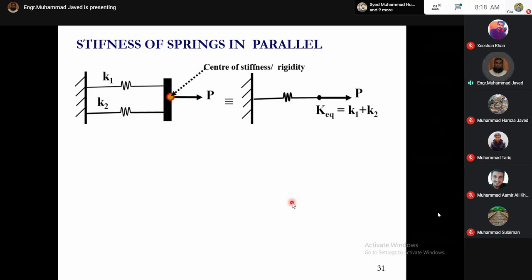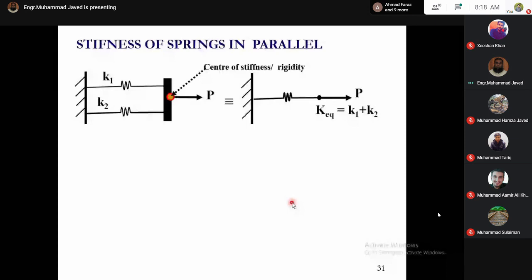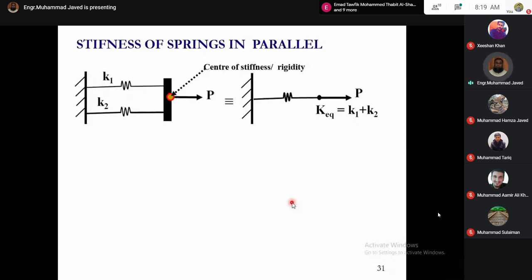For example, if we have a single story, single bay frame, there are two columns. These two columns can be considered as two springs because it has properties like spring. Spring can be stretched or compressed, and while doing so, it stores the strain energy.